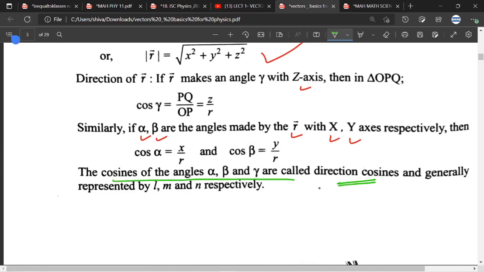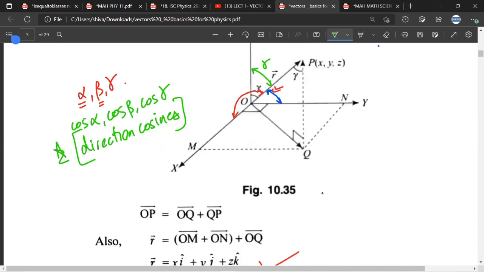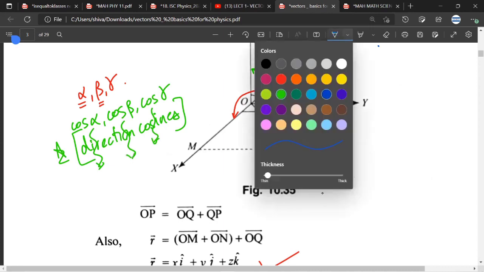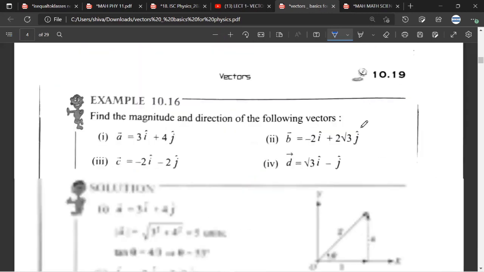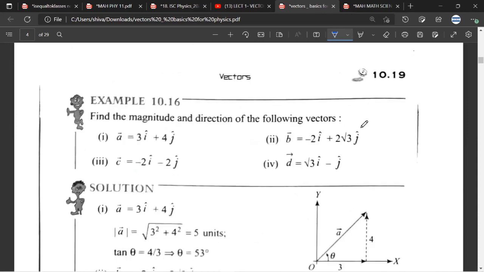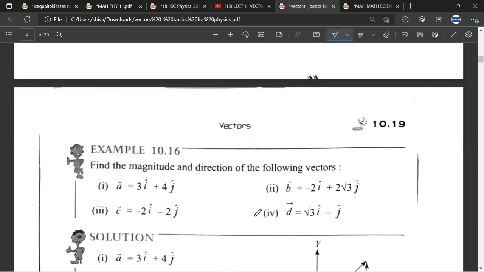If you don't understand this concept of direction cosine, it is absolutely okay. Cos alpha, cos beta, cos gamma are written as l, m, n. Are we clear till here? Okay. So just spend 2 minutes trying to find the magnitude and direction of these vectors.